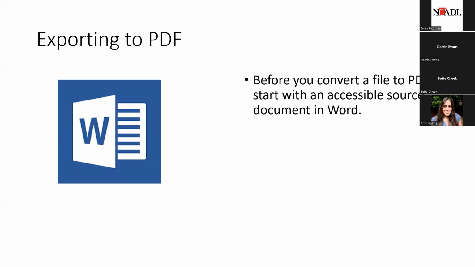Usually that's Word. Word is the best avenue to get there. So we try to start with an accessible, structured Word document, and then we simply convert that to PDF. If we do that, for the most part, we'll get a fairly accessible PDF file, though we'll have to do some tweaks.